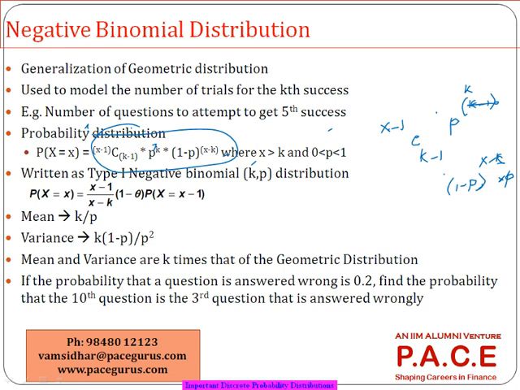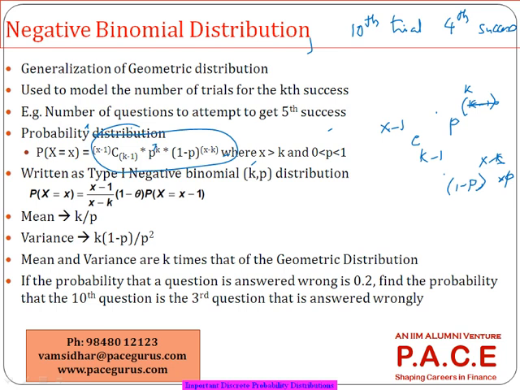But look at it from a business standpoint. I want the 10th trial to be my 4th success, right? I am not saying in 10 attempts getting 4 successes. That's not the one.